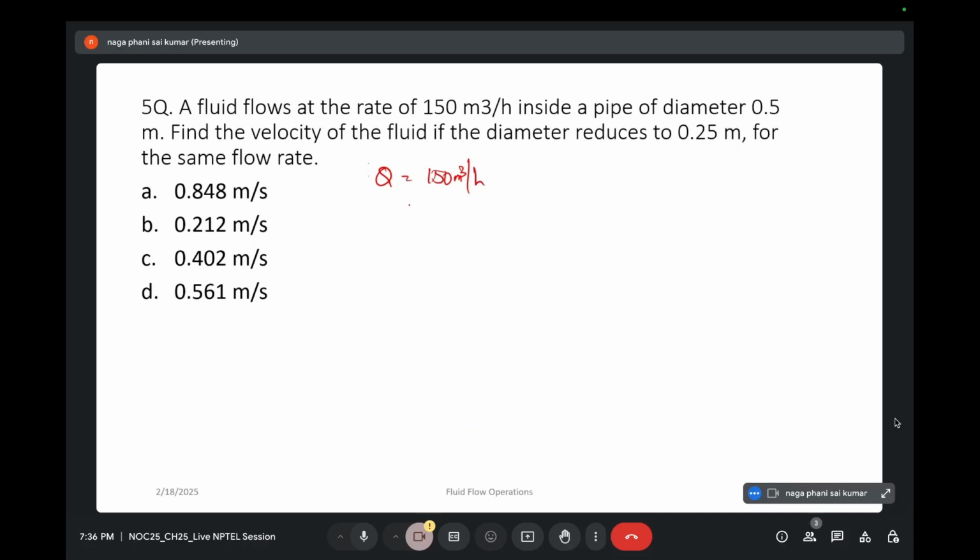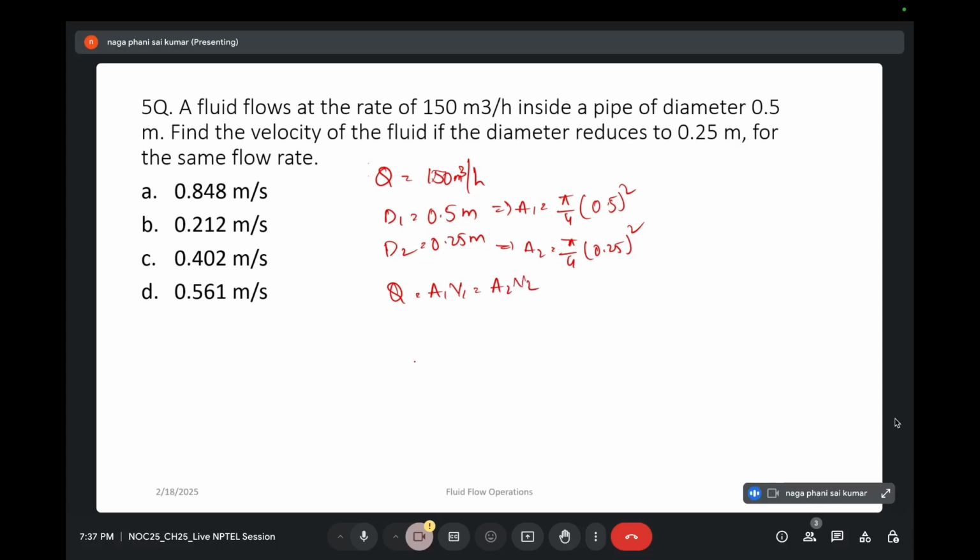We were given d1, that is 0.5 meter, and d2, that is 0.25 meter. We'll be able to calculate A1, right? A1 will be equal to pi by 4 into 0.5 whole square, and A2 will be pi by 4 into 0.25 whole square. So now Q will be equal to A1 V1, that is A2 V2.